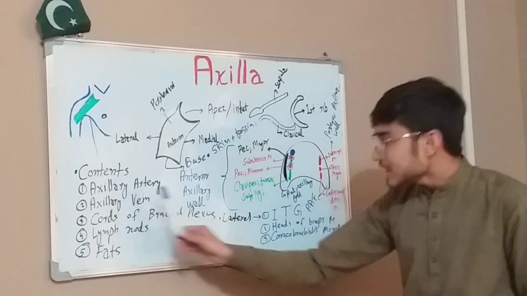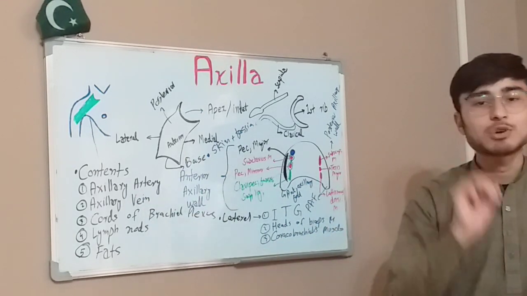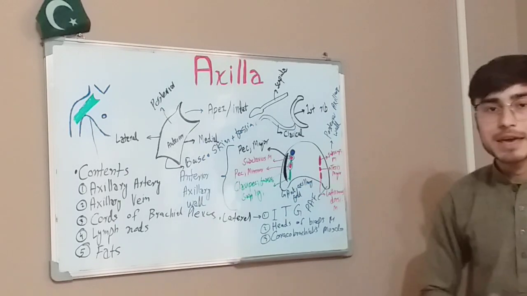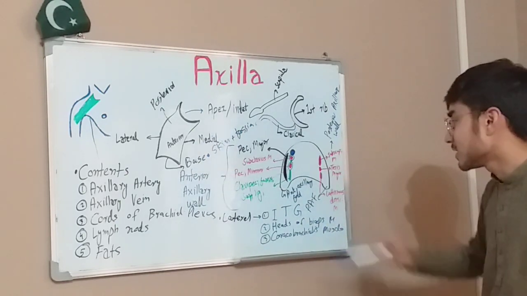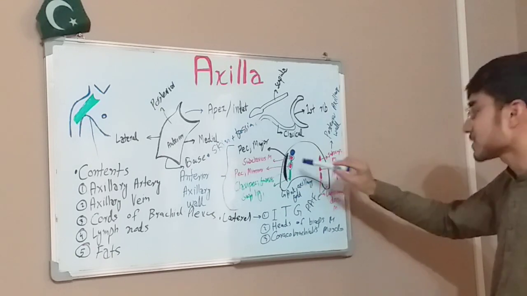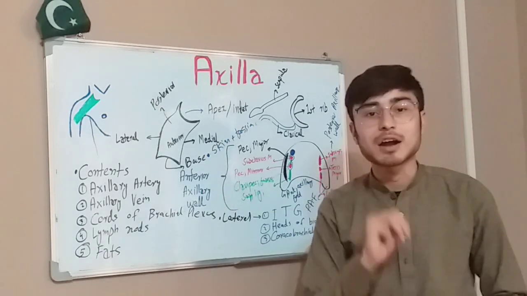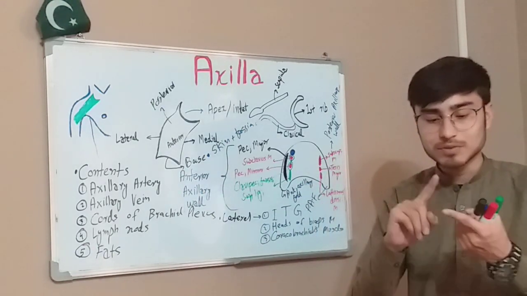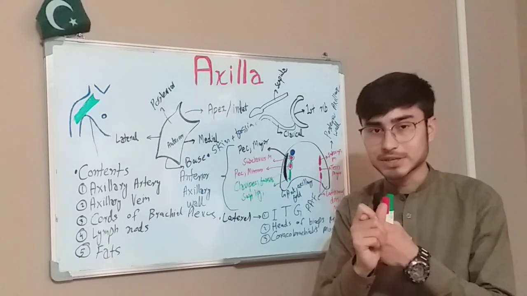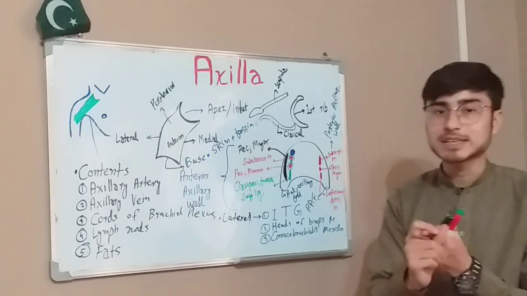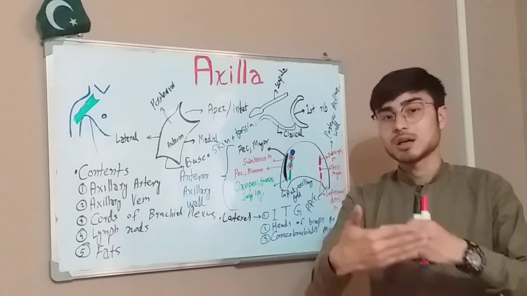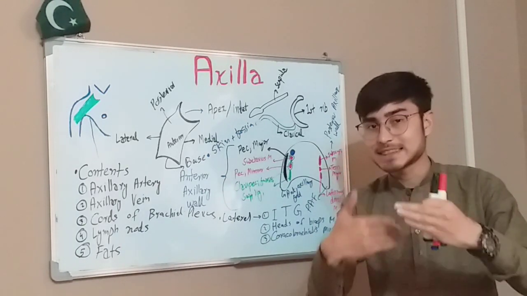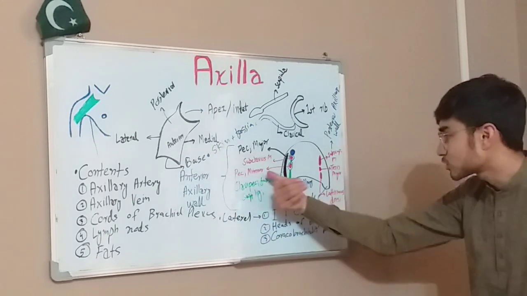Okay, so the axillary artery is basically divided into 3 parts by a muscle, the pectoralis minor muscle. The pectoralis minor muscle divides the axillary artery into 3 regions. We have the first part of the axillary artery, then the second part, which lies just beneath the pectoralis minor muscle.